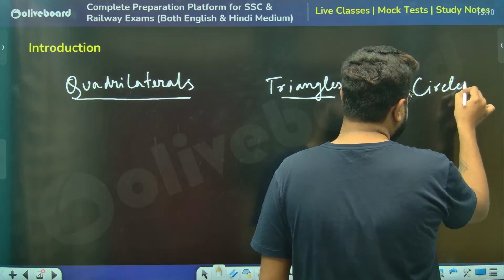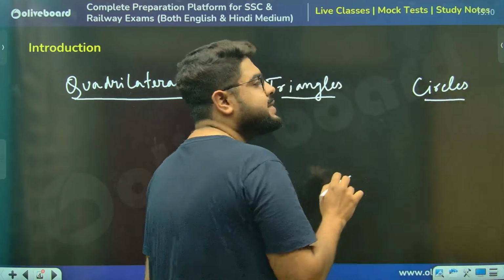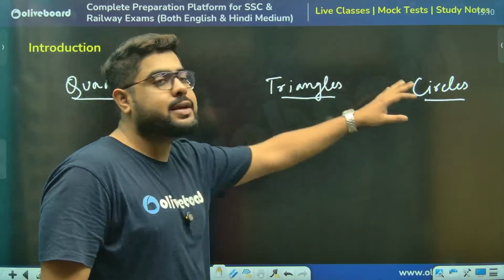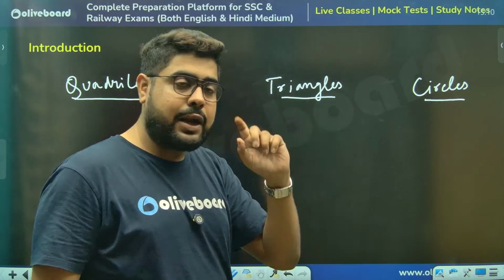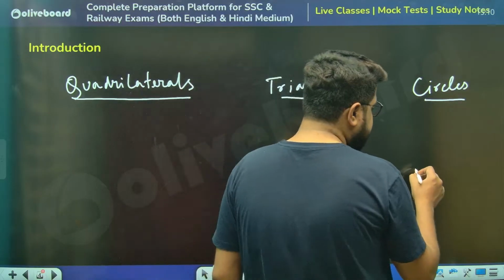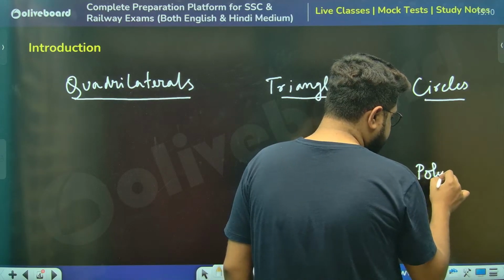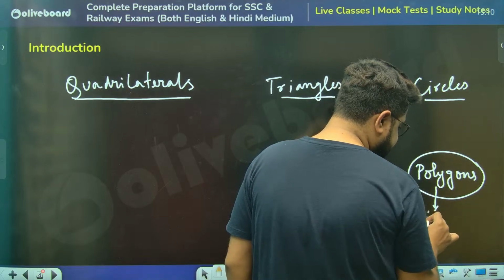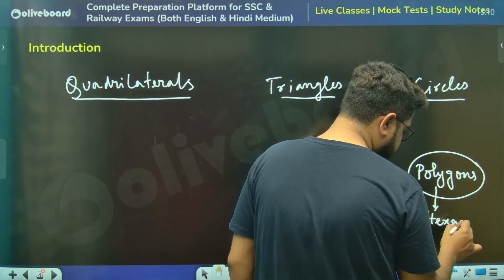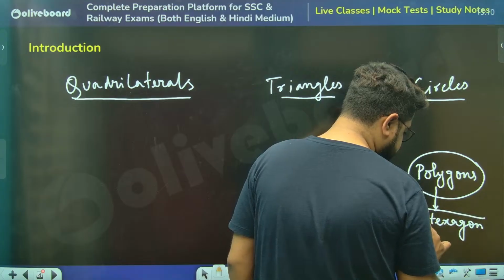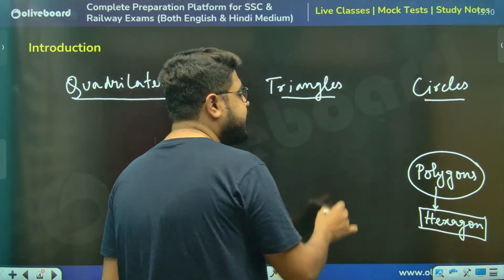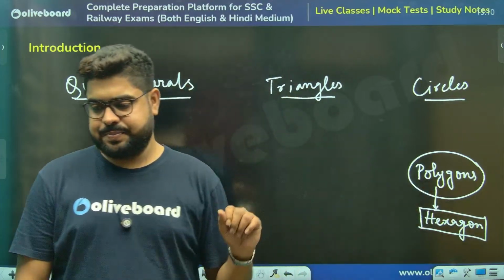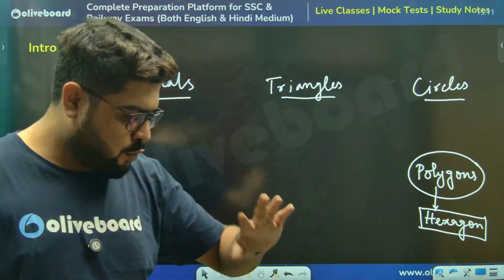There are also mixed questions, generally quads and triangles, quads and circles, circles and triangles. Another part in mixed is polygons, mainly hexagon, because a hexagon is nothing but 6 equilateral triangles, so sometimes they play with this. This is the overall picture.